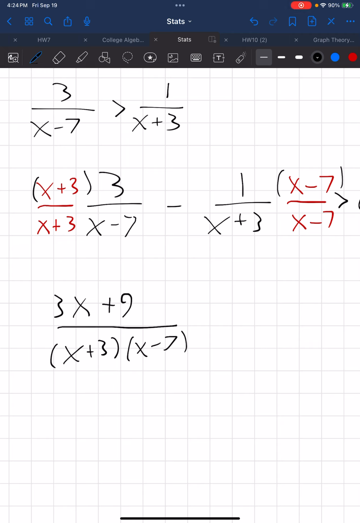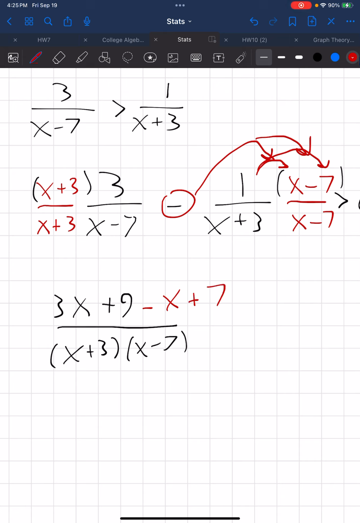And then on the right, I'm going to do 2 steps at once, because I want to distribute the 1 to both terms, but I also want to distribute the negative sign to both terms. So I get negative x and then positive 7.